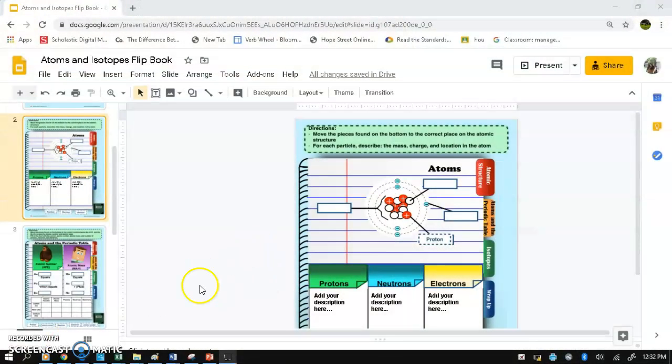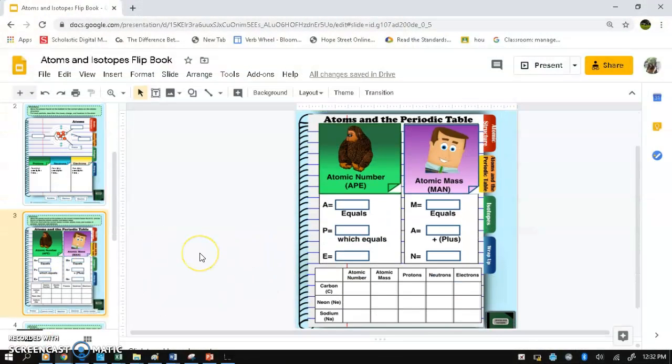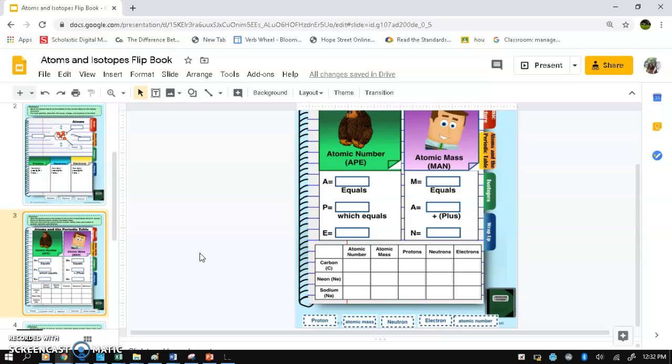Okay. All right. So I'm going to go back. So we go here. We have 8-man. So this one is atomic number. Now that is just another name for number of protons. Okay.